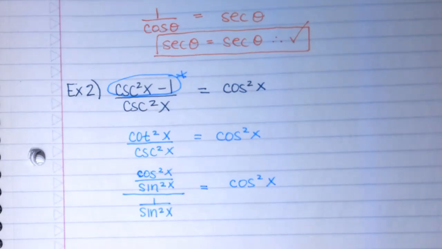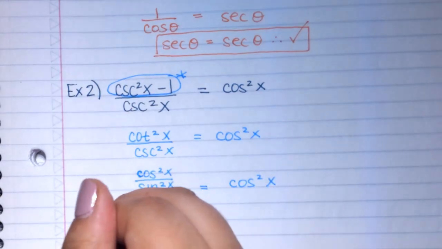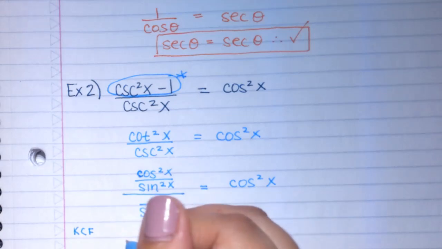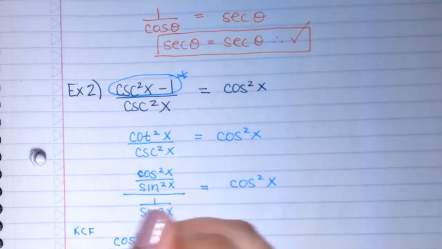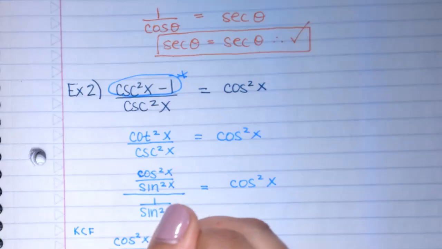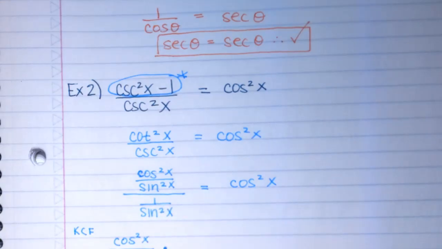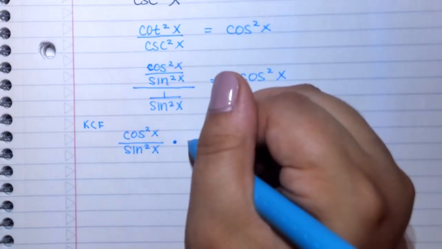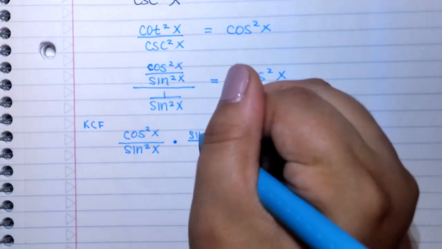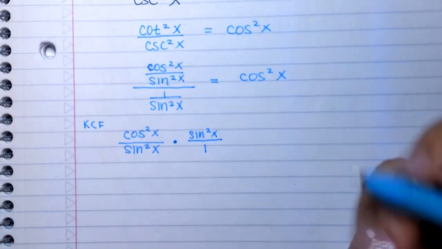We don't touch it. We don't multiply. We just leave it. I can keep, change, flip. So I'm going to keep the top, cosine squared x over sine squared x. Change that middle bar to multiplication. And then flip the bottom to be sine squared x over 1.